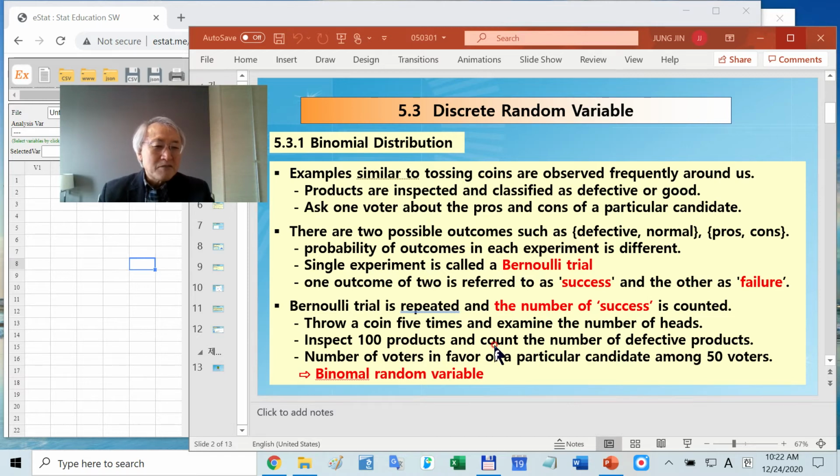Inspect 100 products, count the number of defective products. Count the number of voters in favor of a certain candidate. Well, in this situation, counting the number of successes, we call this a binomial random variable.